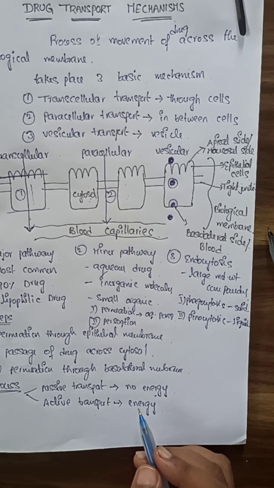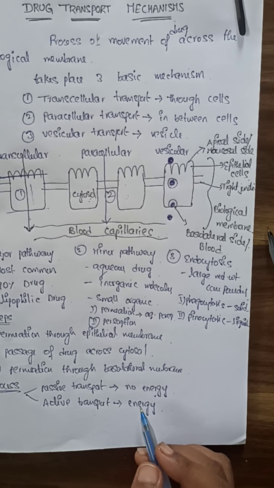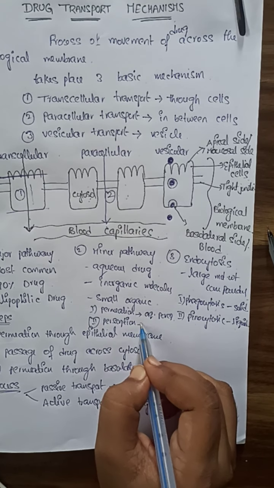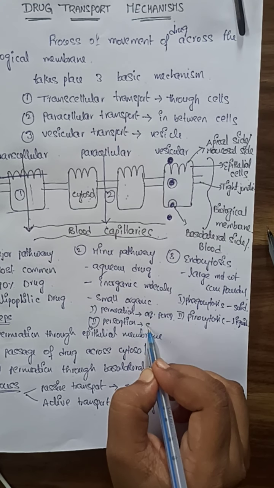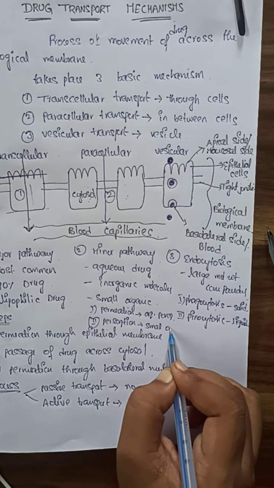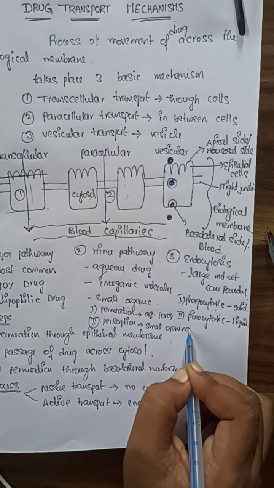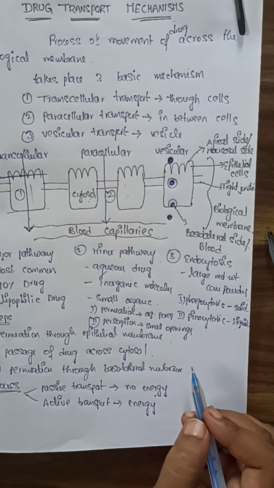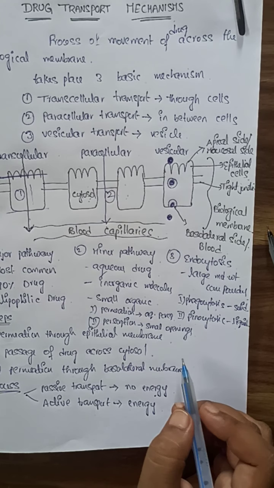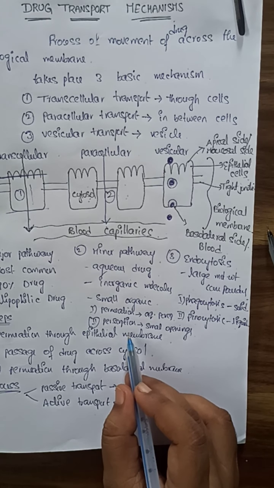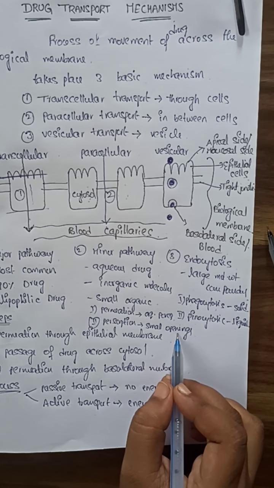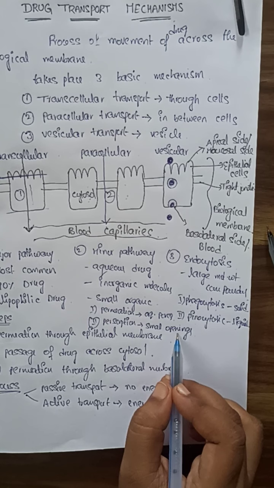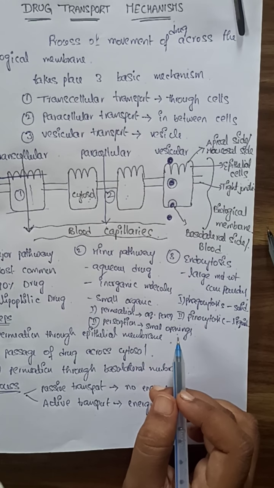Whereas persorption means the permeation of the drug through the small, temporary openings which are formed by the shedding of the epithelial cells. So this is about the drug transport mechanisms.